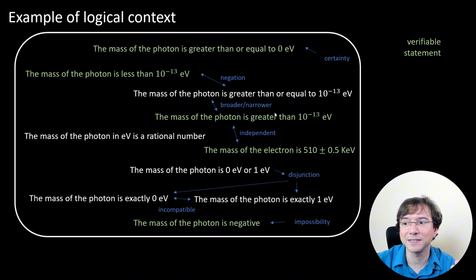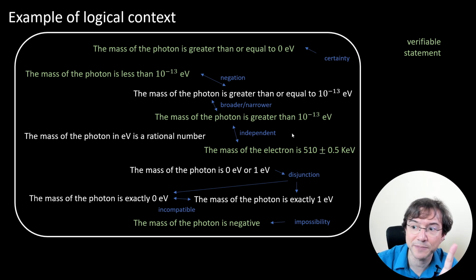Something that is greater than 10 to the minus 13 is also verifiable, but the fact that it's greater or equal, that equal part, is what the problem is, because saying that we're going to be able to verify the equal would basically mean we can measure that with infinite precision. And so on.